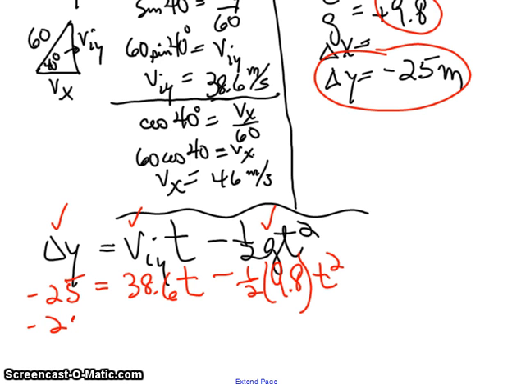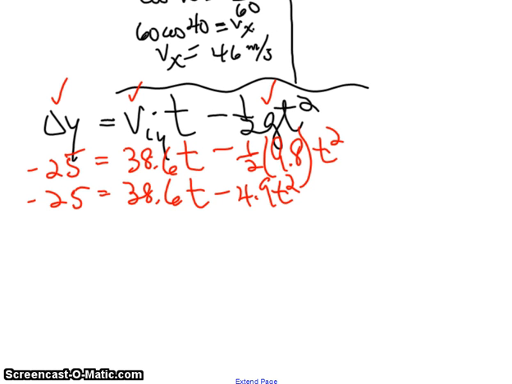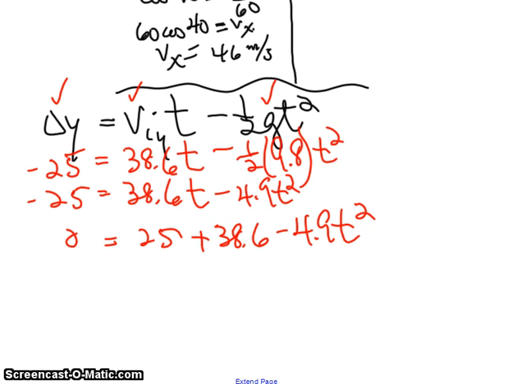So we get minus 25 equals 38.6 t minus 4.9 t squared. To solve a quadratic, get 0 on one side. 0 equals 25, it goes over as a positive 25, plus 38.6 t minus 4.9 t squared. Oops, there's a t there.